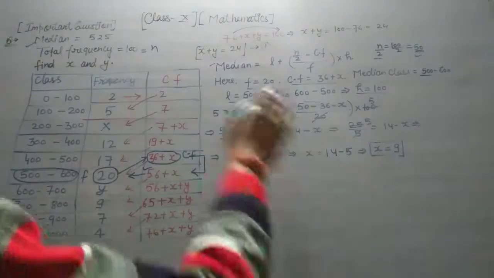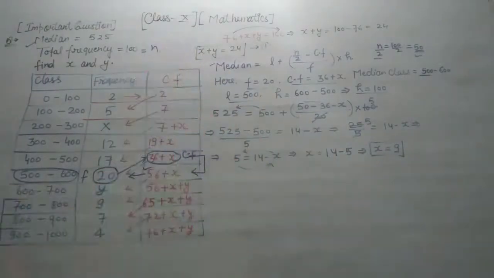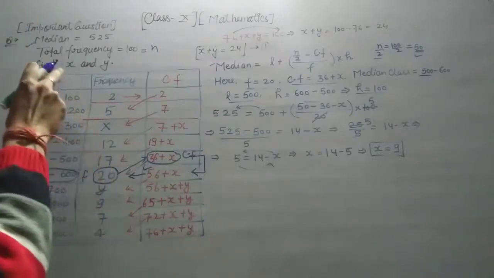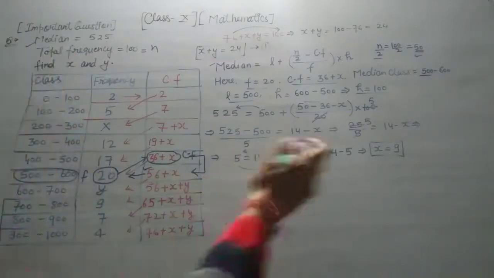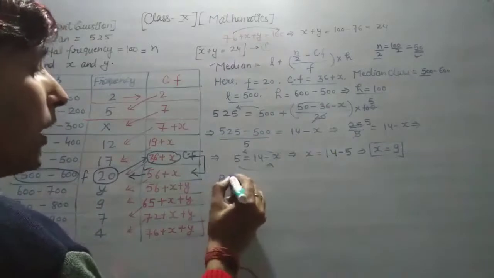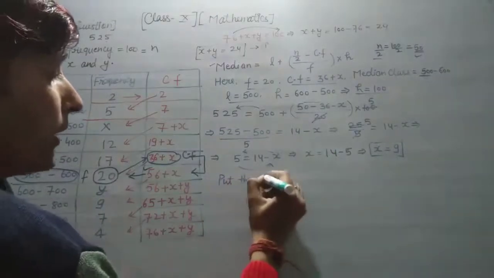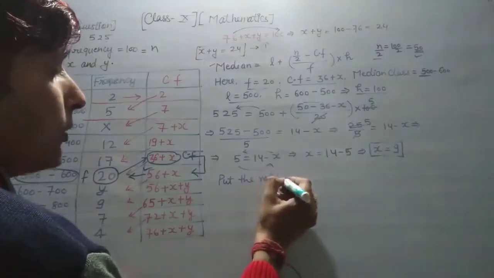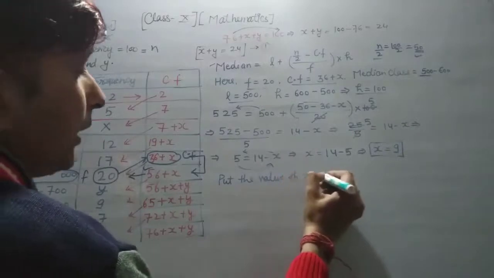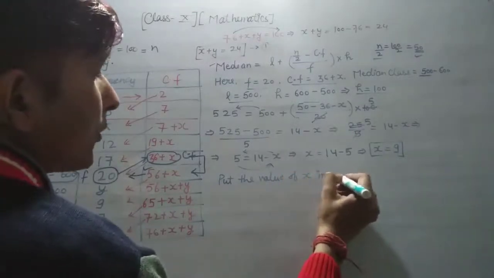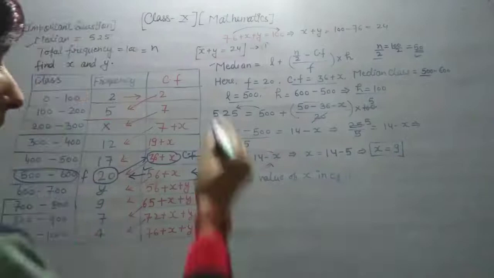This value, put it in this equation and find the value of y, because we have to find the value of x and y. So put the value of x in equation 1. Okay, and put it here.